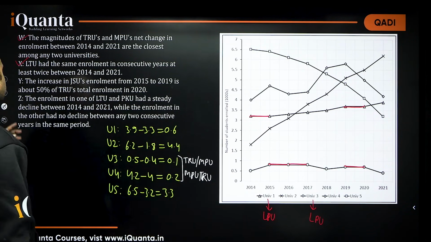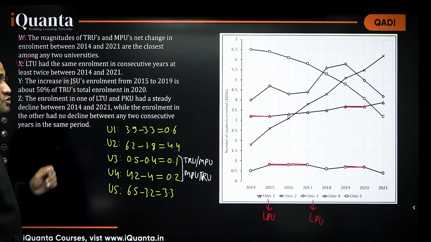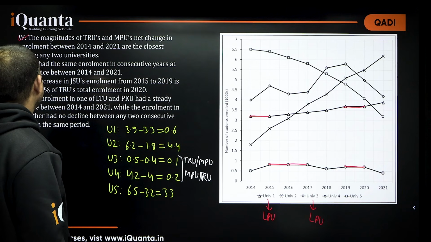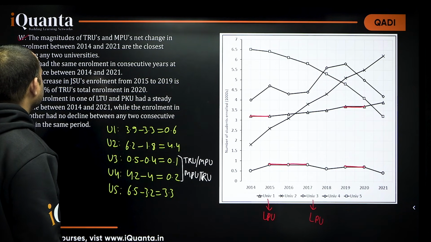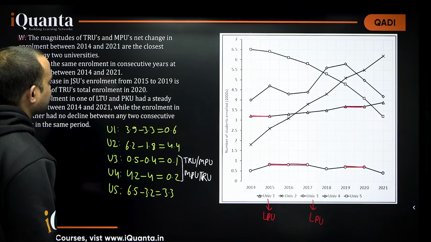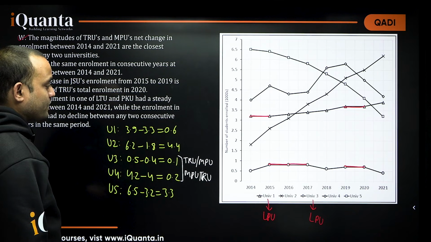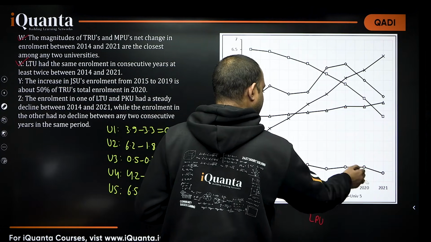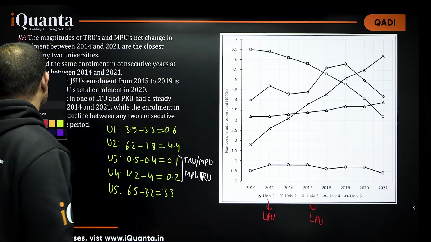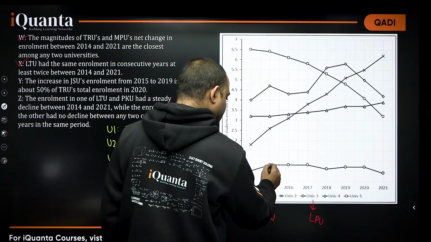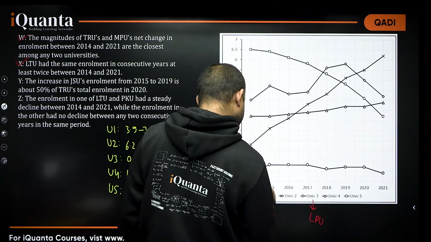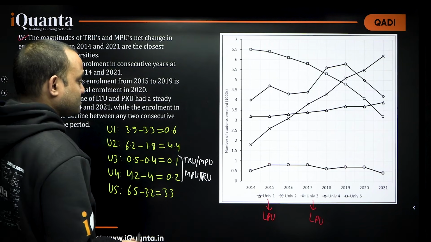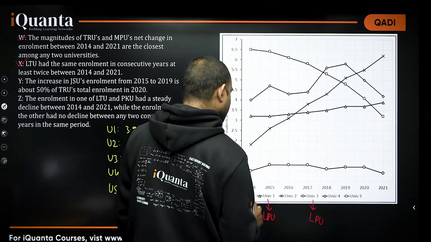Then Y: the increase in JSU's enrollment from 2015 to 19 is about 50% of TRU's total enrollment in 2020. So, from 15 to 19 we need to check the increase in each case. For University 1, there is no increase here, so we can ignore this.